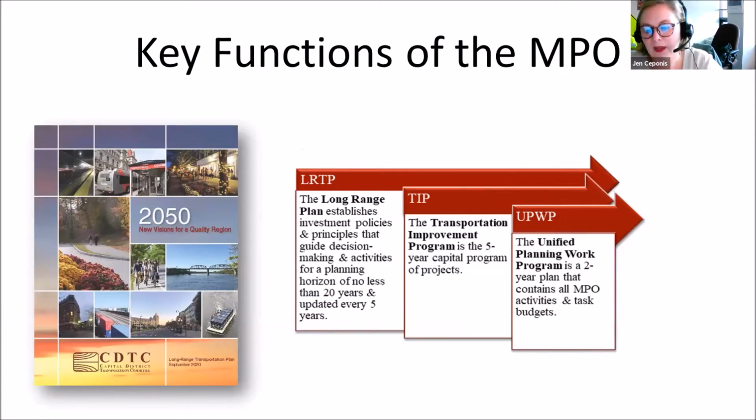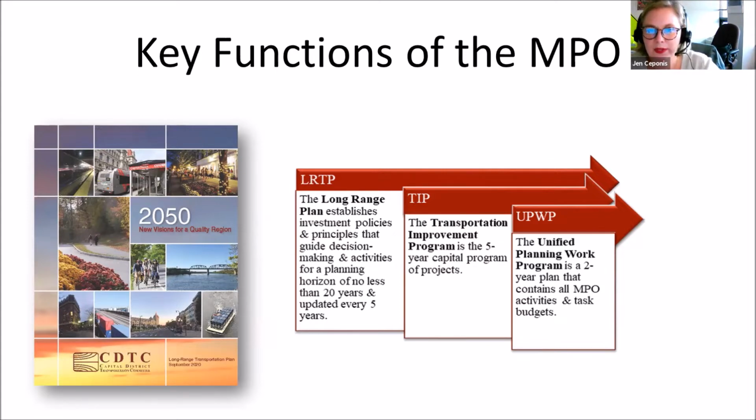As an MPO, we lay out planning and investment principles which influence our planning initiatives and what programs we decide to fund. The key products or functions of the MPO are developing the long-range transportation plan, which we refer to as New Visions 2050, developing the Transportation Improvement Program, the TIP, which we're going to talk about today, and developing a unified planning work program, which contains all the MPO activities and task budgets.